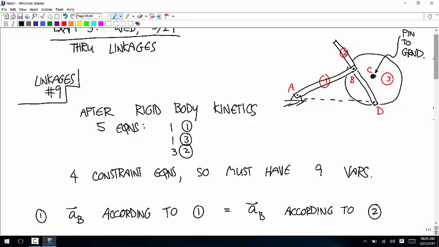Oh, so it's a 3, 4, 5 triangle. So this is 1.2, this is 0.9, so this is 1.5.